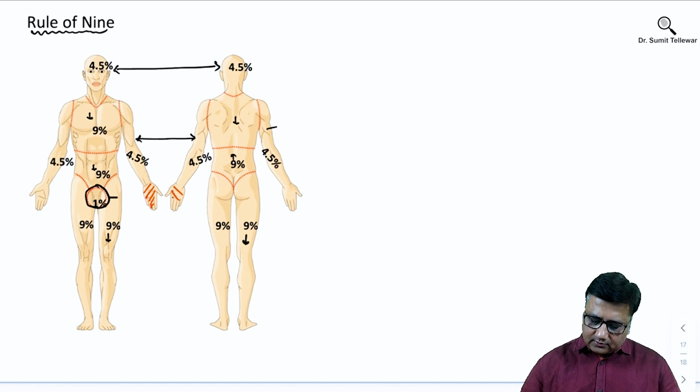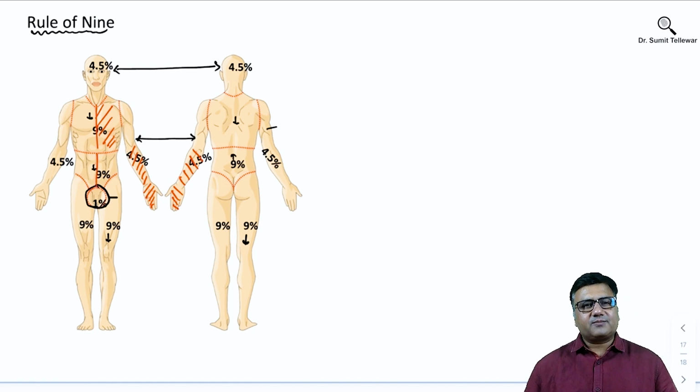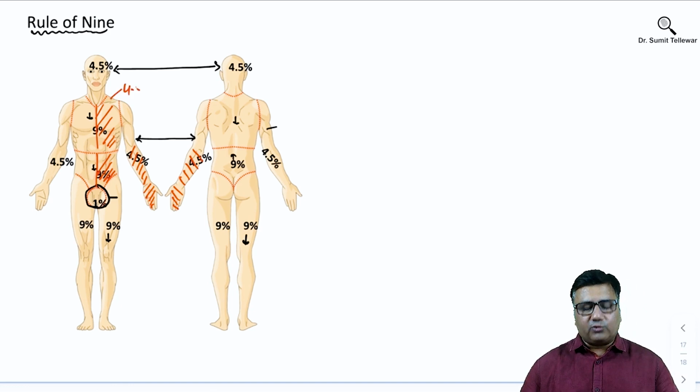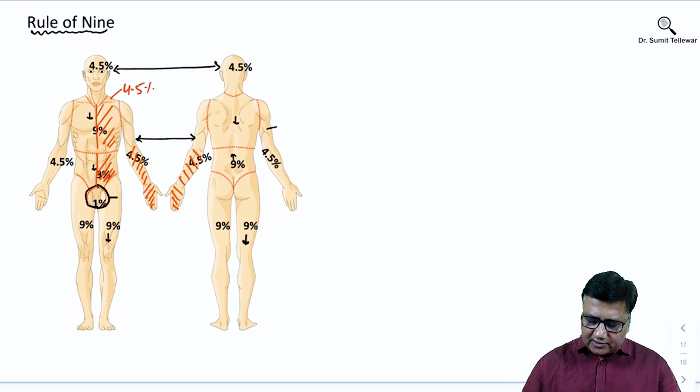This is burnt, and then left side of chest is burnt, and left side of abdomen is burnt. Correct? So this is the burnt area. Now left side of chest which is burnt is 4.5%. That's not a problem. Half of the total chest. Left side of abdomen which has gotten burnt is again 4.5%.